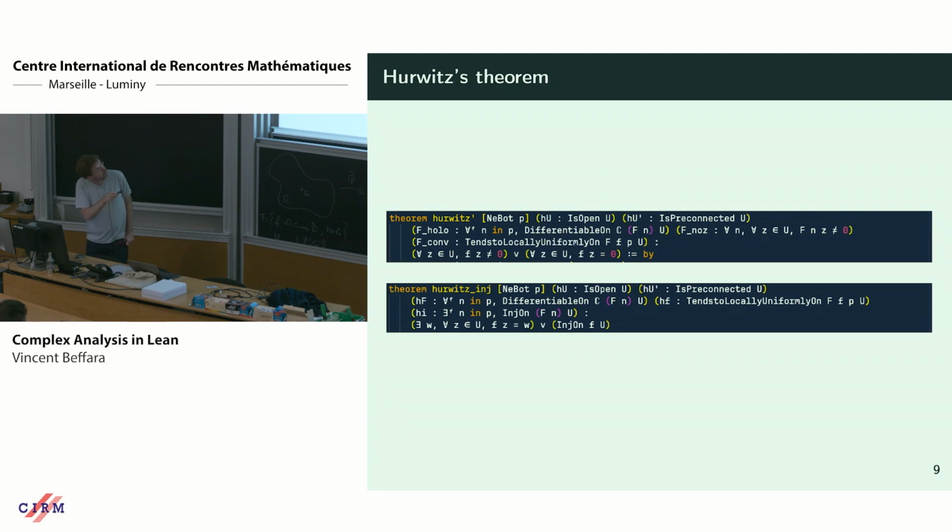And you assume that they don't vanish. So for every n and every z in U, f_n(z) is not equal to 0. And you assume that they converge locally uniformly. And then, well, we are in one of two cases. Either f itself doesn't vanish, or f is identically 0.